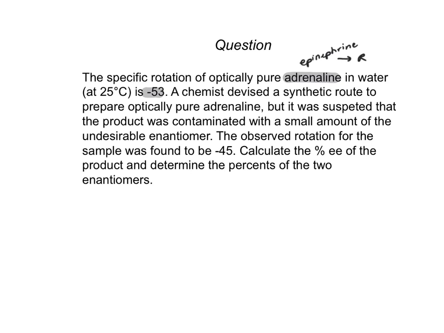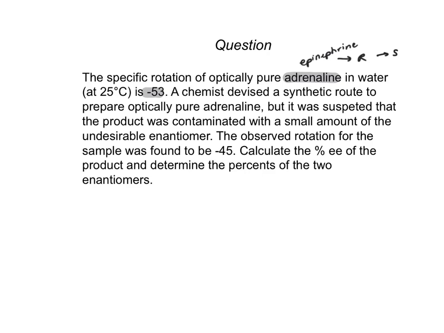Now, we have, let's say, a chemist in a lab somewhere who has devised means by which we can synthesize optically pure epinephrine or adrenaline. But there is some chance that there is a trace of the other enantiomer in his synthesized version. So the other enantiomer would be the S, right?